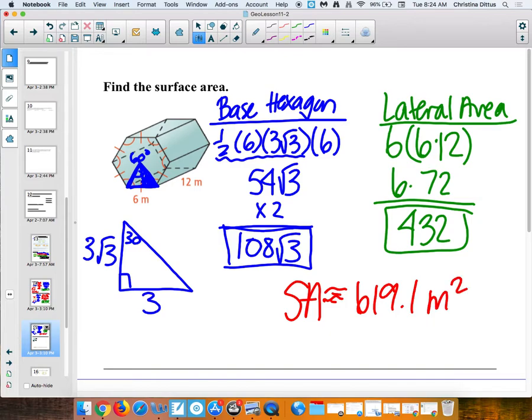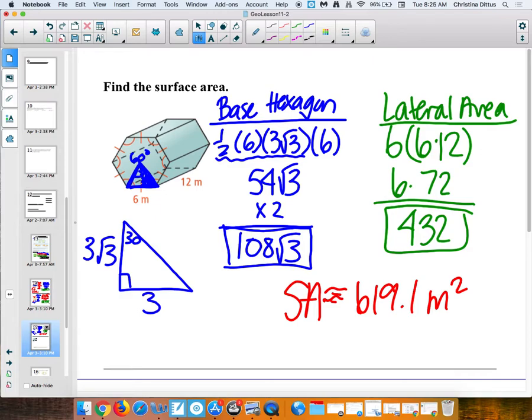Whoa, hold on, don't move on. I get 743. I would check your calculator: 108 times the square root of 3 equals, and then plus 432.